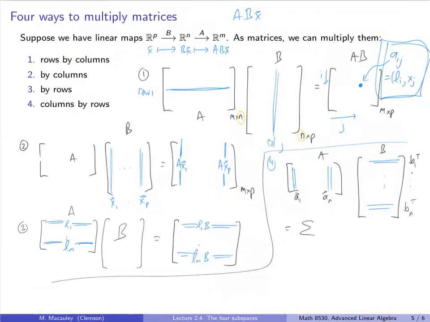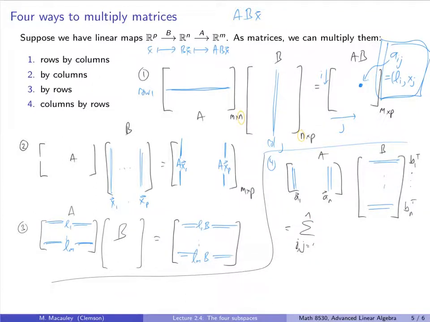Bn transpose here. So now I'm taking all possible i, j equals 1 up to n. So I'm taking all possible i's and j's from 1 up to n. So this is really a double sum. I just don't like to write double sums if I can help it.